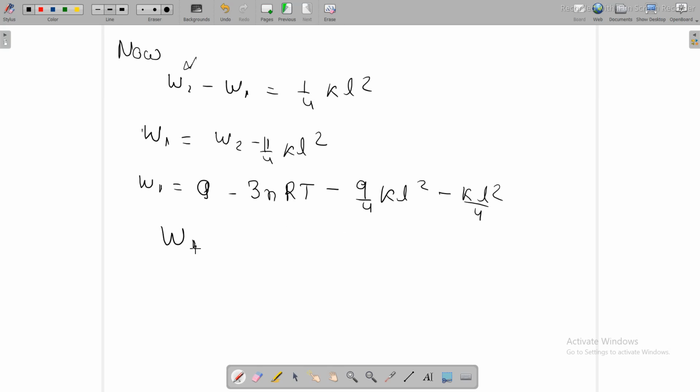Therefore W1 is equal to Q minus 3 nRT minus 10 by 4, which is 5 by 2 KL square, and this is equal to Q dash.